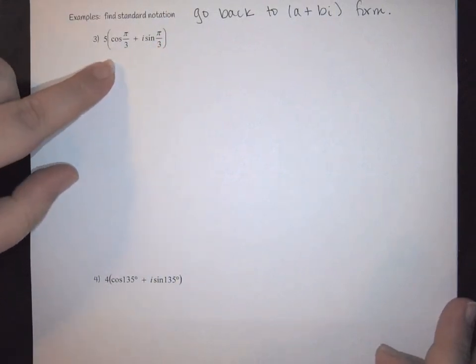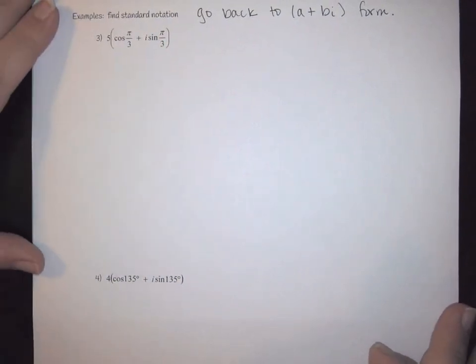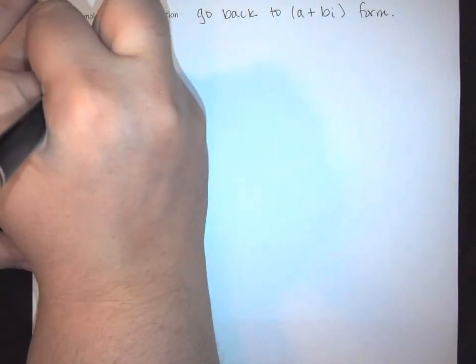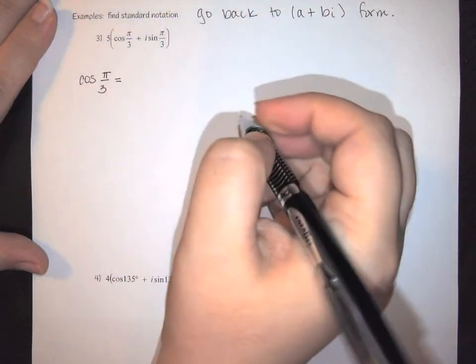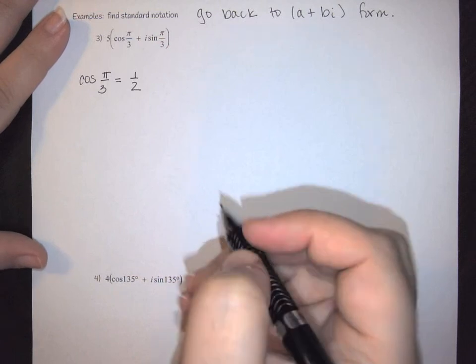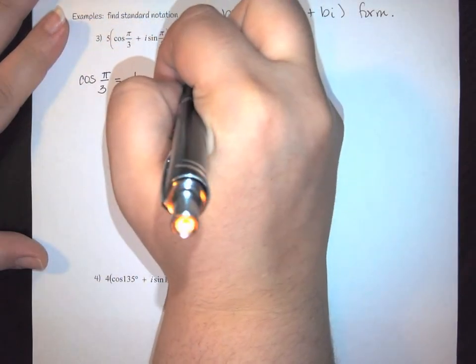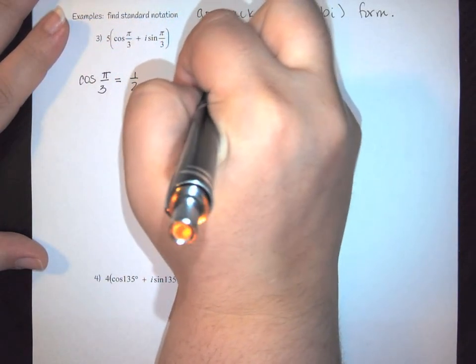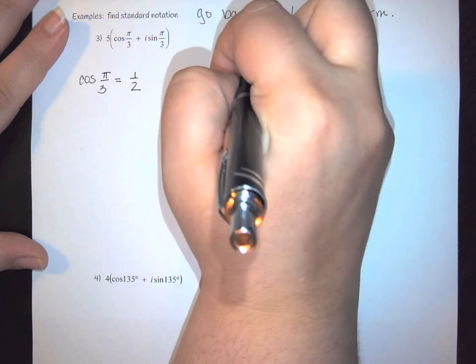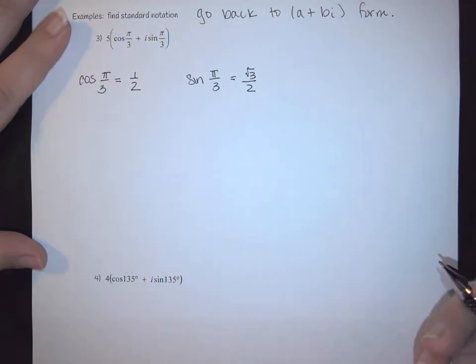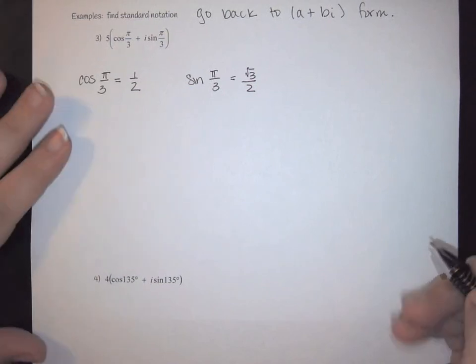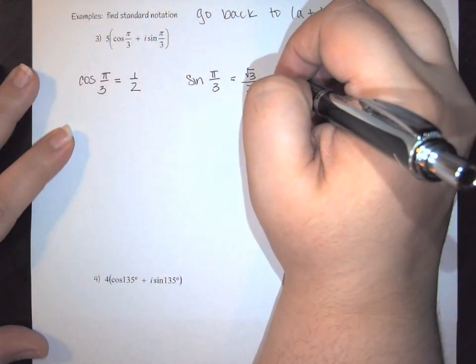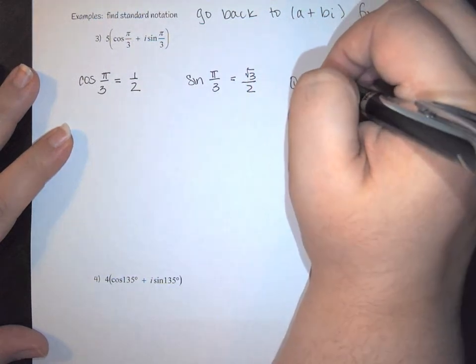So first and foremost, I have the cosine of pi over 3. And when I evaluate that, it's going to give me 1/2. And then I also know that the sine of pi over 3 is going to give me root 3 over 2. Now, because both the cosine and the sine are positive, this tells us that you are in quadrant 1.